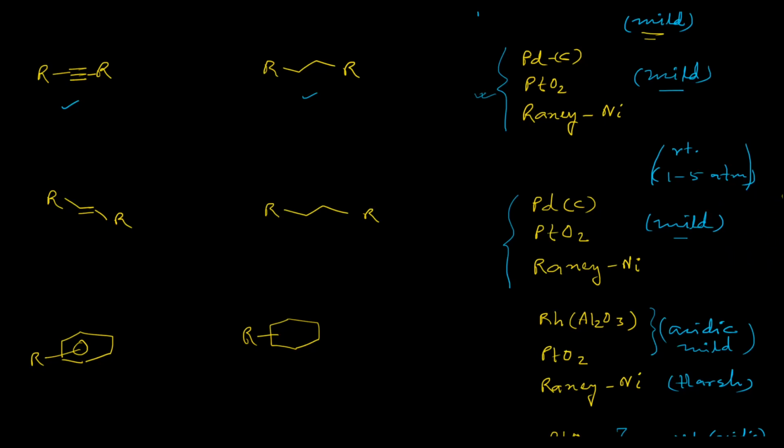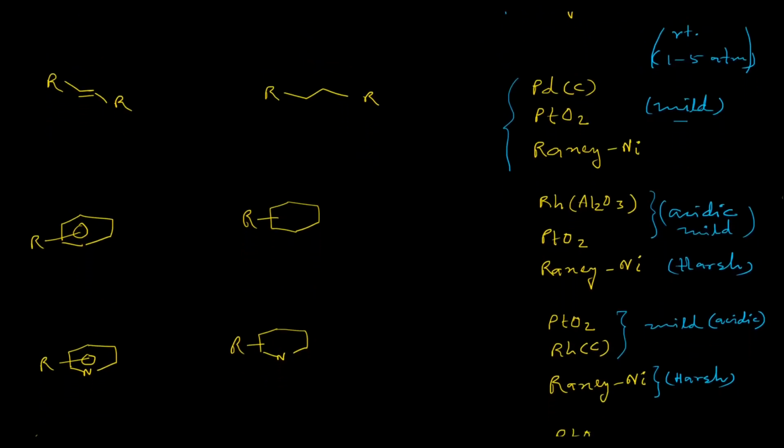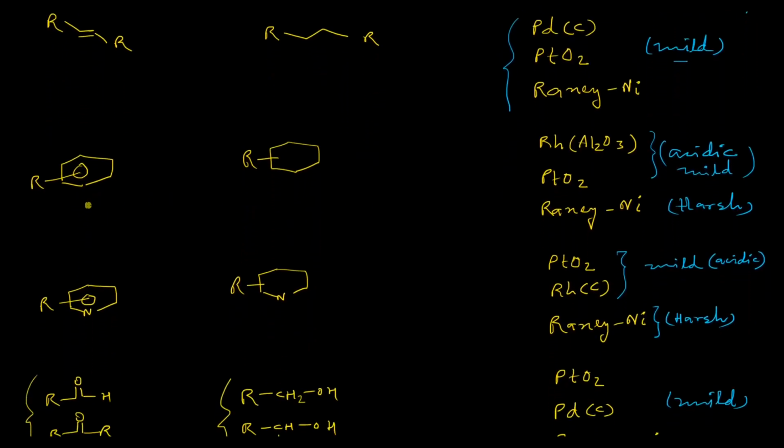Now if you want to reduce an aromatic system into the corresponding hydrogenated alkane, then you have to use these catalysts, which are rhodium supported on alumina, platinum oxide, or Raney nickel.